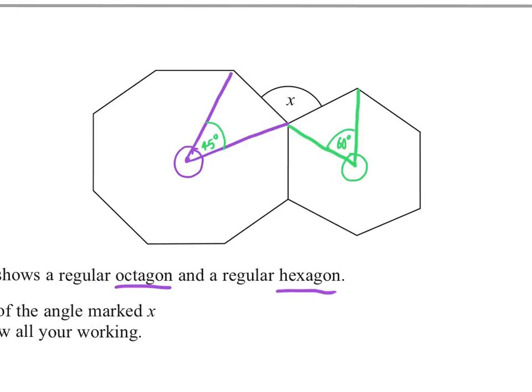Now, what you can then work out is that in each of these triangles here, these are isosceles, and so is this one. So this one is easy, they're all going to be 60, it's going to be equilateral.